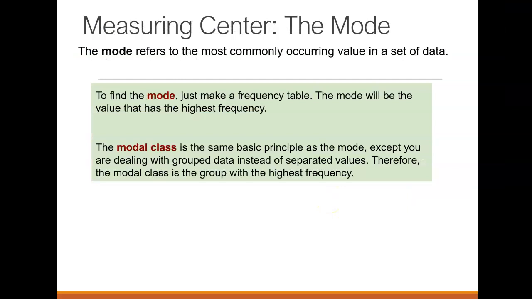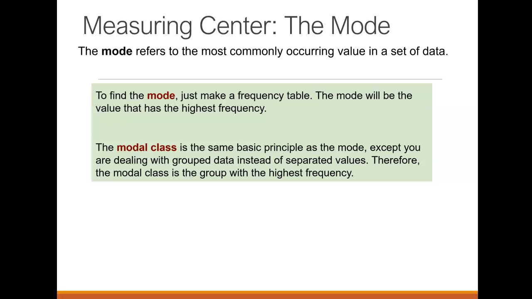Mode. How do we find mode? It's the most frequently occurring. So if you have individual measurements, you're going to get a mode. If you have a grouped measurement, like you have groupings, then you have a modal class.